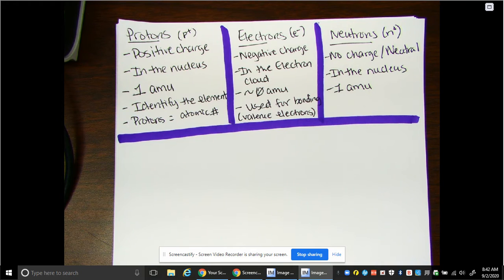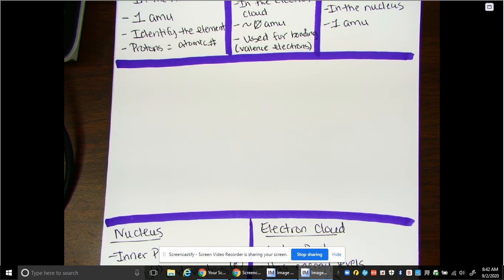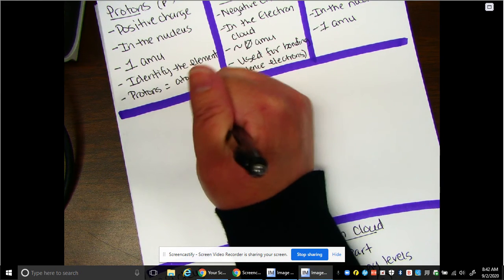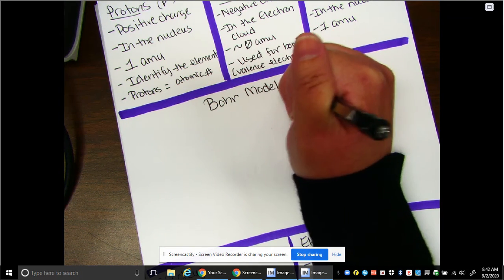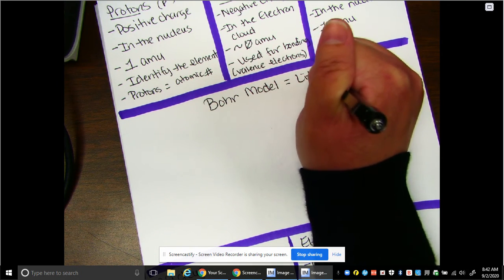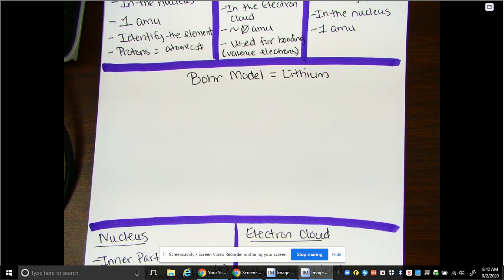So now I'm going to come to my center portion, okay? In my center portion, I'm going to draw a Bohr model for the element lithium. And I'm going to use a periodic table.